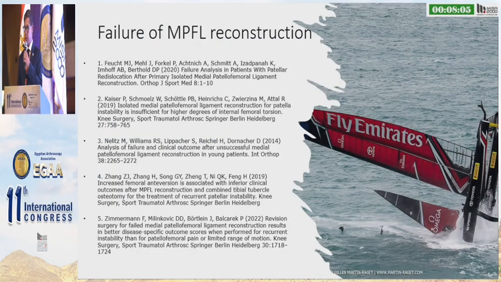If you look at the failure studies of MPFL reconstructions, what they say is that it's in most cases either wrong femoral insertion site or trochlear dysplasia. However, there are now studies out there saying that it is also related to increased femoral anteversion or tibial torsion.